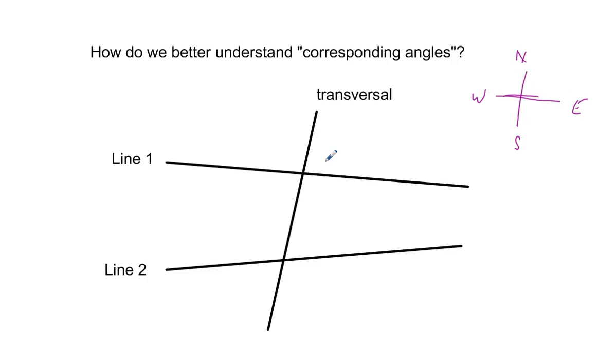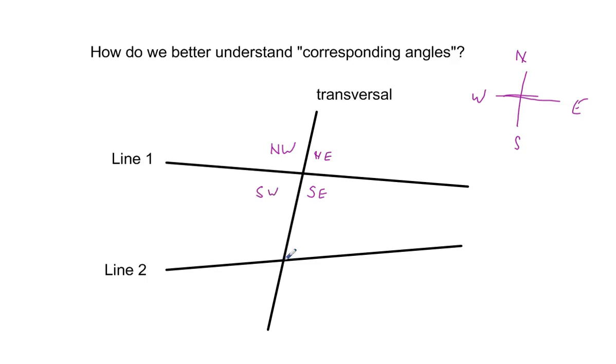If I want to refer to this corner over here, I would call this the northeast corner. This corner over here, I call the northwest corner. This corner here, the southeast corner. And this corner is called the southwest corner.